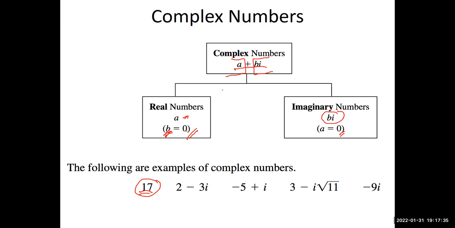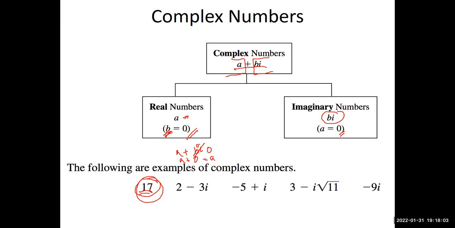So kaya ito daw ay considered as a complex number because b is 0. a plus bi, b is 0, so this whole term is equal to 0. That is a plus 0, so it is only equal to a.